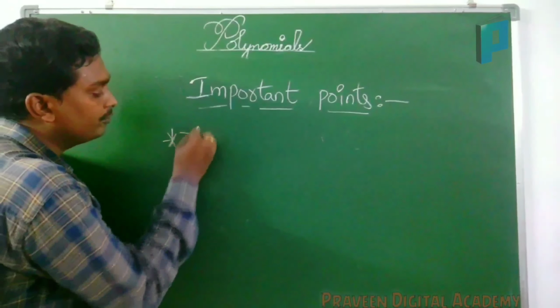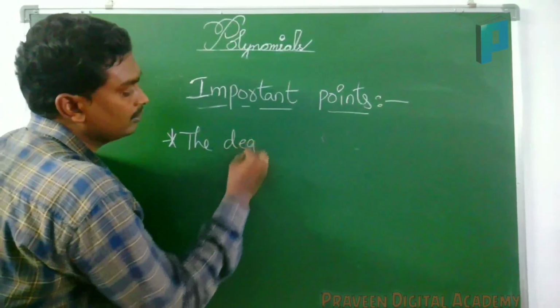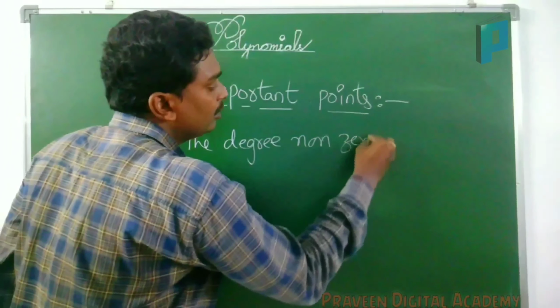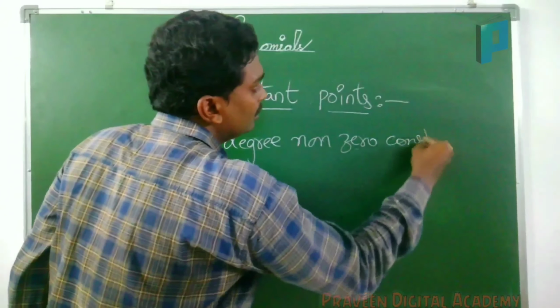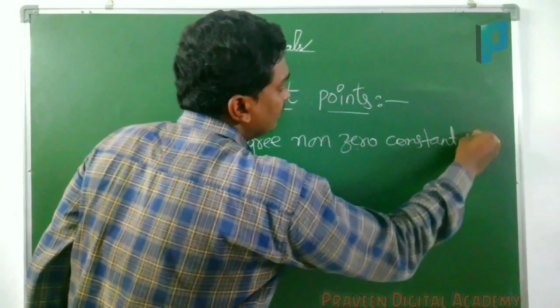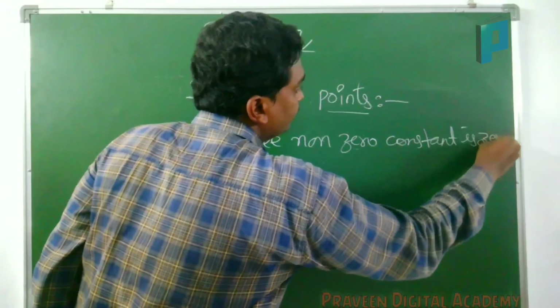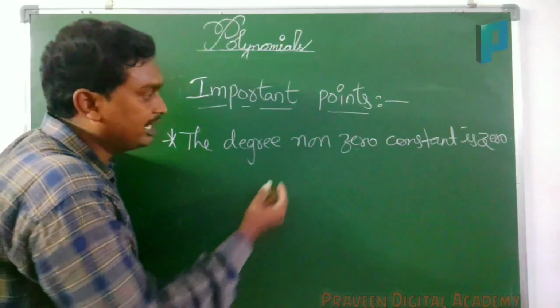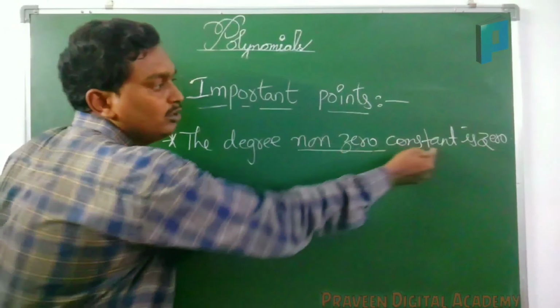The degree of a non-zero constant is 0. Except 0, if you have any constant here, so I mentioned non-zero constant.